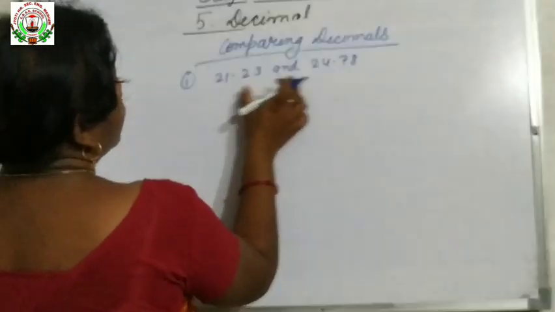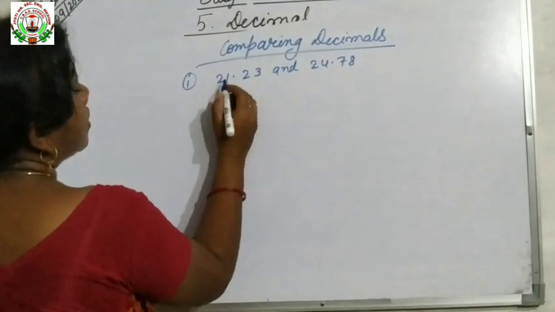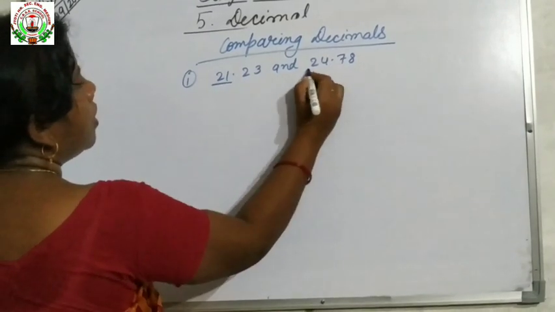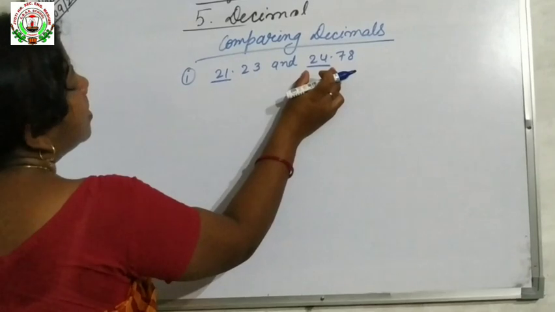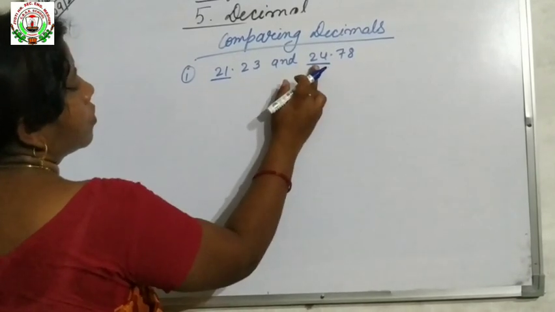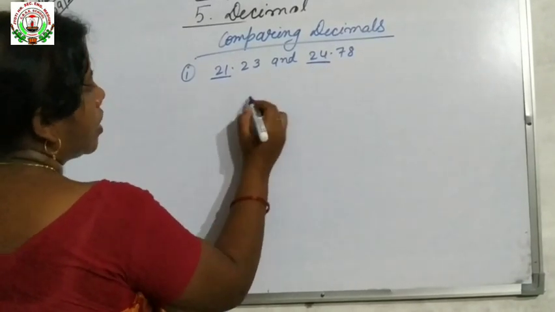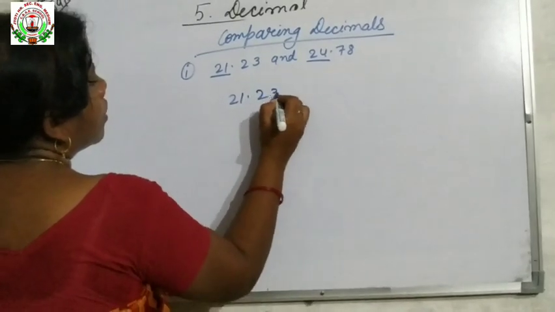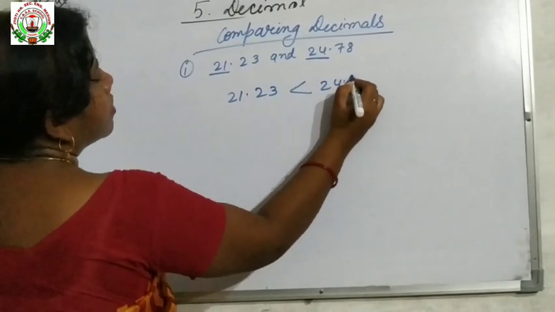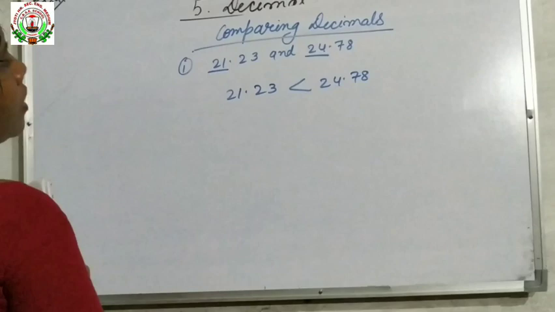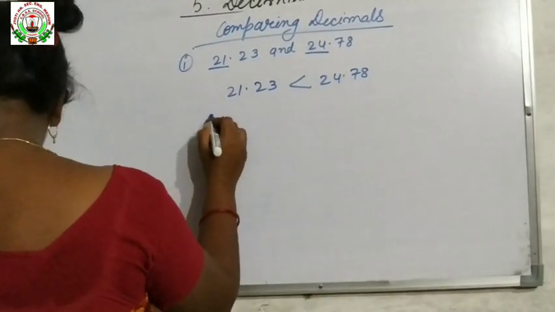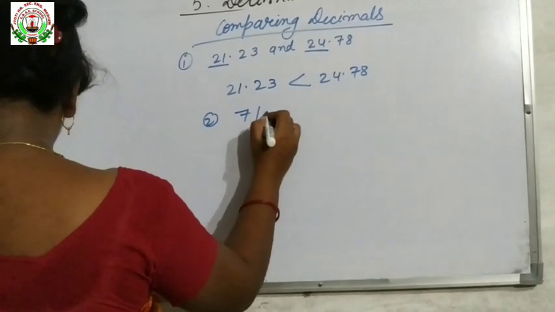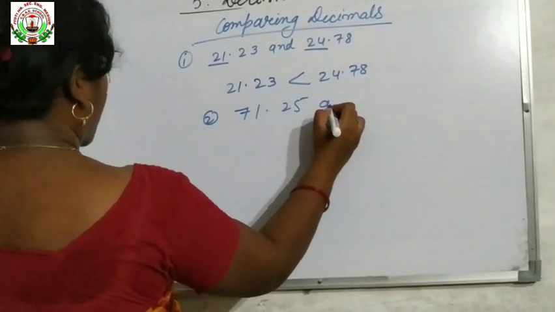When we compare two decimals, first we will see the whole number. It is the whole number here and here. So first we will see the whole number digits. It is 21 and 24. Which is greater? 24 is greater. So 24.78 is greater than 21.23.